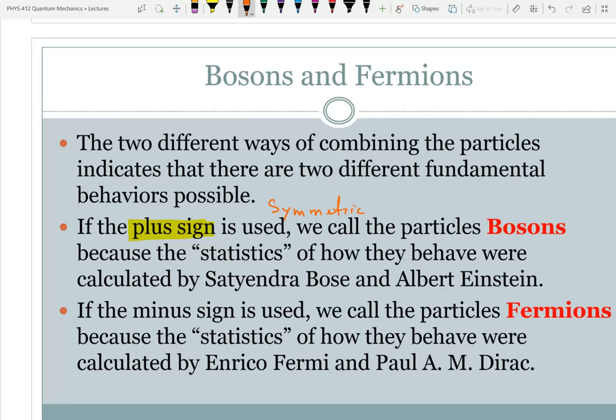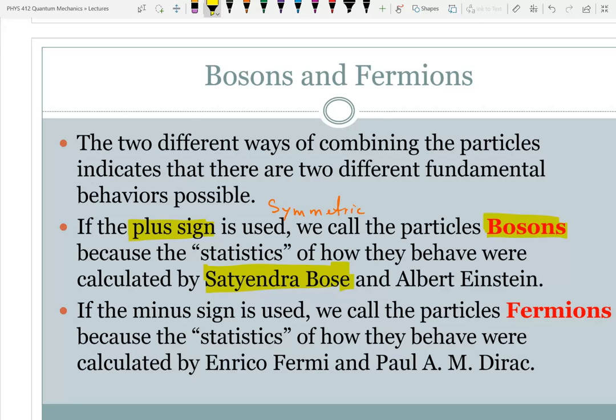The symmetric solutions are what we call bosons. We call them bosons because Satyendra Bose was the person who did the work to describe how these wave functions will operate. As I understand the history, Bose did the work, and then he sent his calculations to Albert Einstein and said, does this look right?